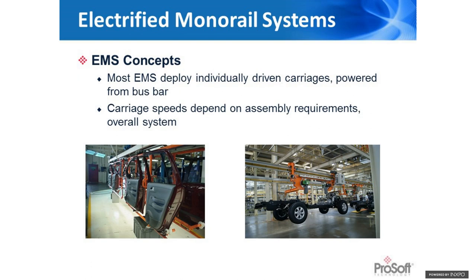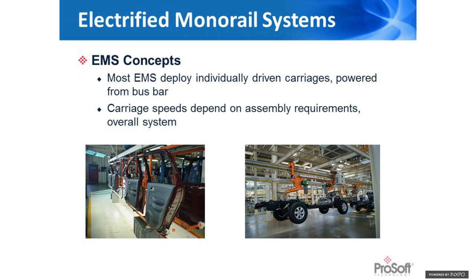They can move parts to a particular assembly location and dwell at that location for some time, and then move to the next one. Because of this, they do need to communicate. They need to know from the master system what's happening so that they're coordinated and they don't run into each other.